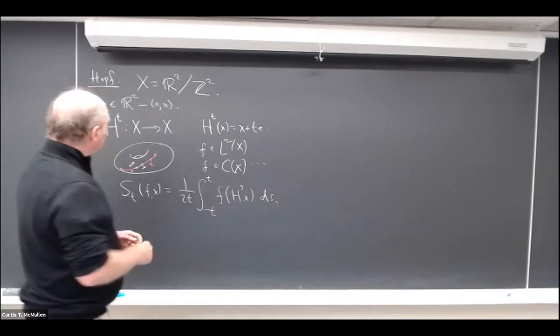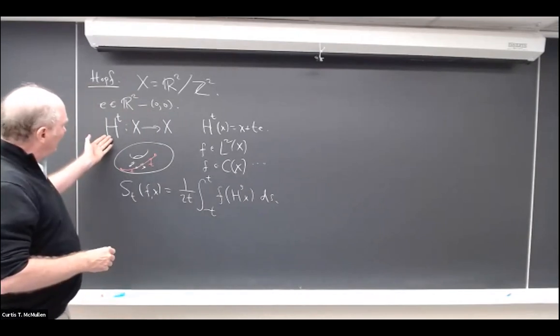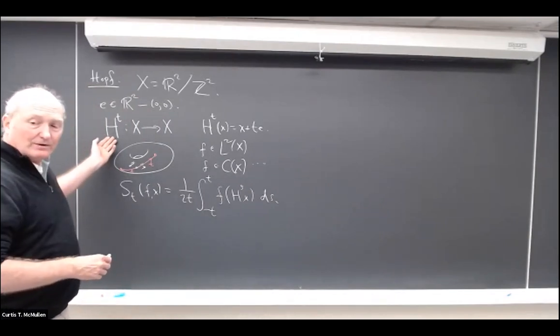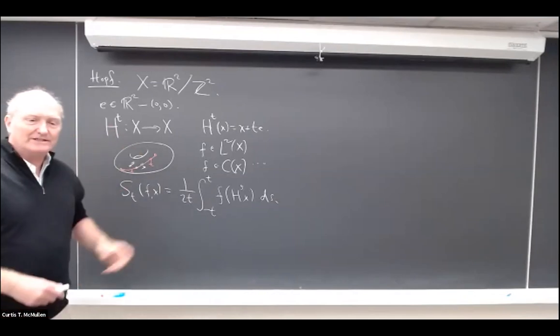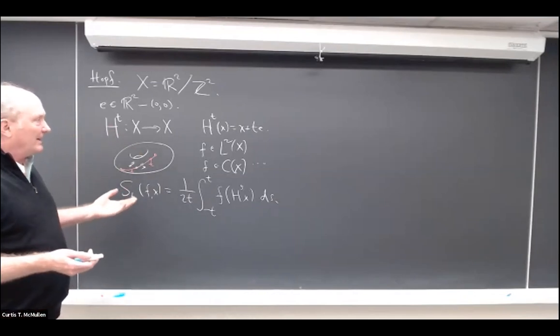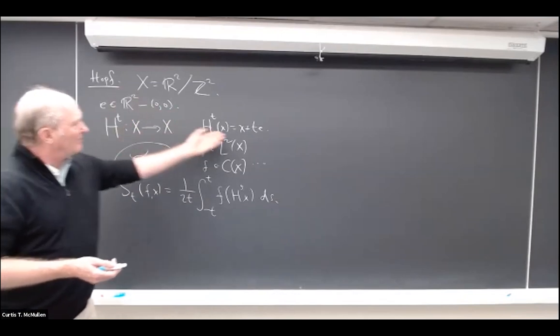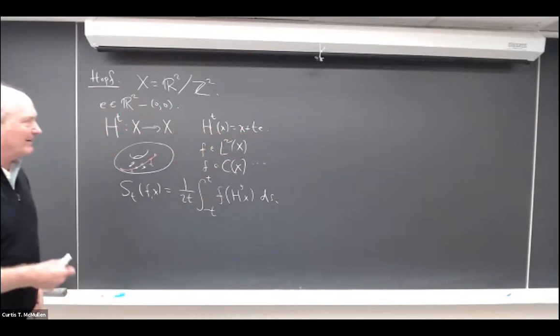Okay, so now this flow should remind you of something we've studied a lot, which is just translation in an abelian group. After all, X is an abelian group, and we're just translating by group elements.